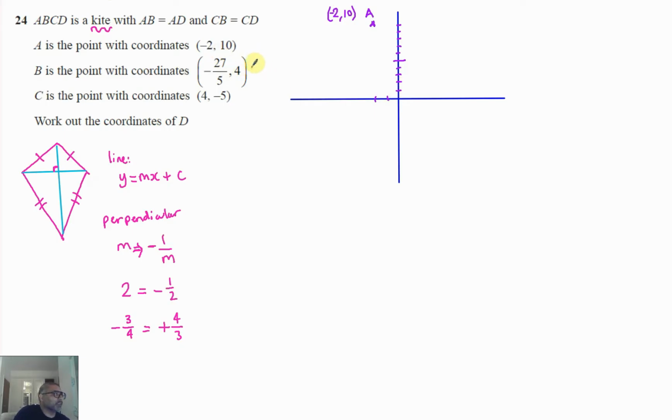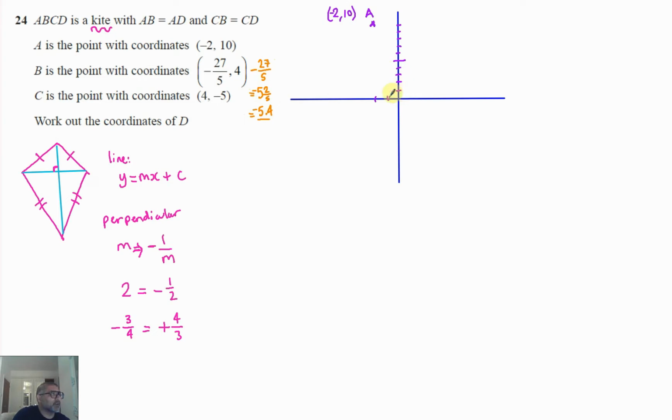Now, minus 27 over 5 is, if you work that out, how many 5s in 27 is 5, so it'll be minus 5 and 2/5, or minus 5.4. Either way, it doesn't really matter. I would keep it in that top heavy fraction.